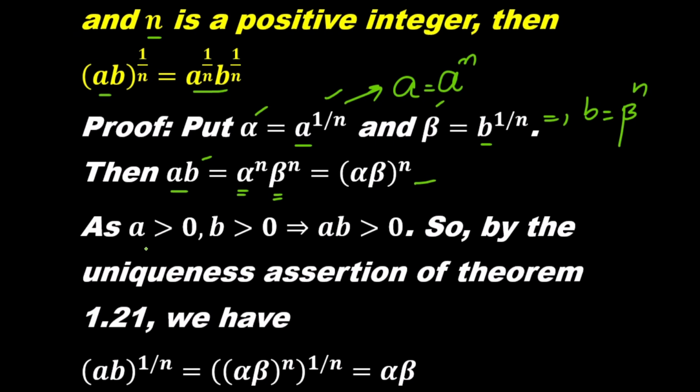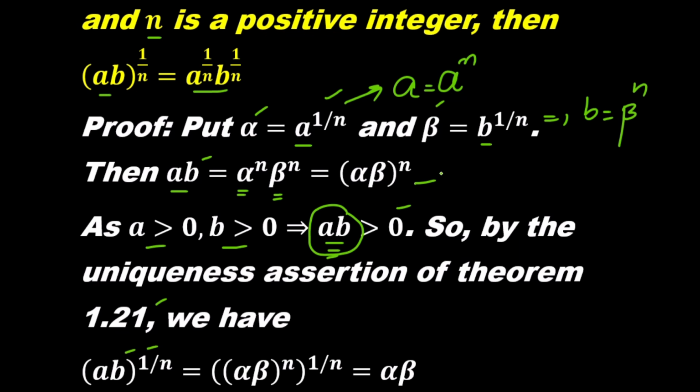As a and b both are positive real numbers, it is given, so their product a into b is also positive. So by the uniqueness assertion of theorem 1.21, as AB is a positive real number and n is a positive integer, its nth root must exist. The nth root of AB must exist. So its nth root is given by AB whole power 1 by n.